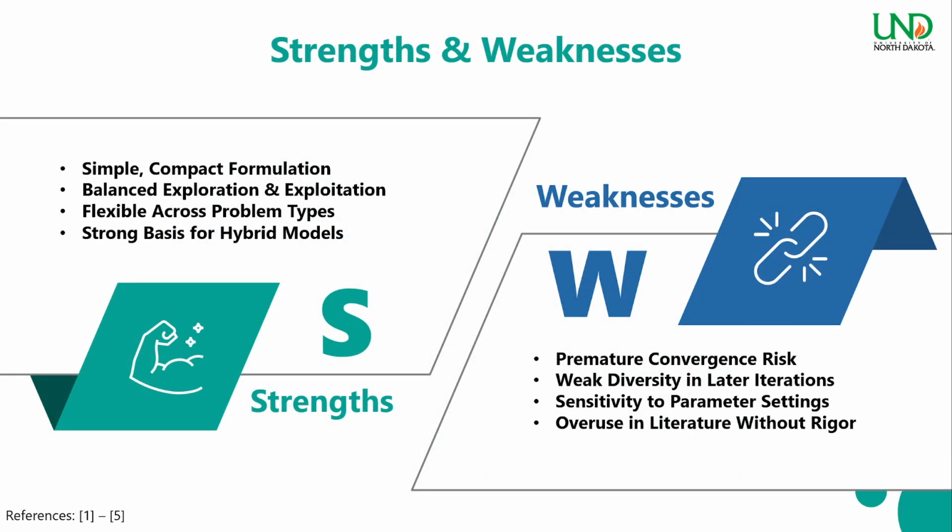So now that we've seen how the algorithm works, we can evaluate it for where it performs well and where it breaks down. On the strength side, the biggest advantage is simplicity. The algorithm is built from a small number of equations and parameters, which makes it easy to implement and adapt to different problems. It also has a built-in mechanism for balancing exploration and exploitation.